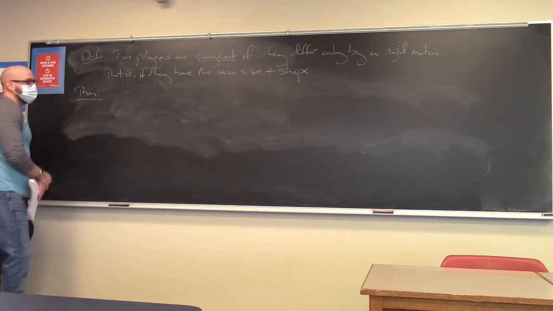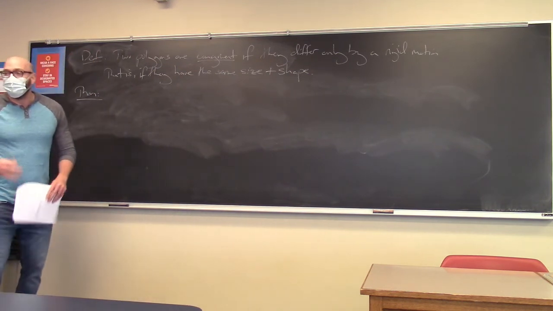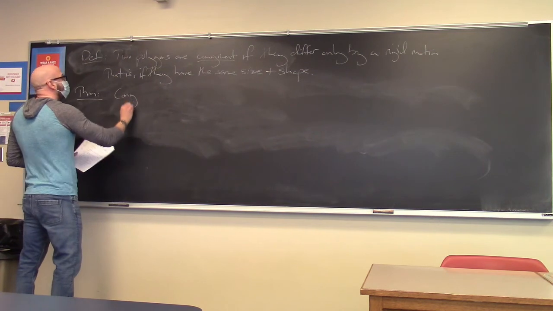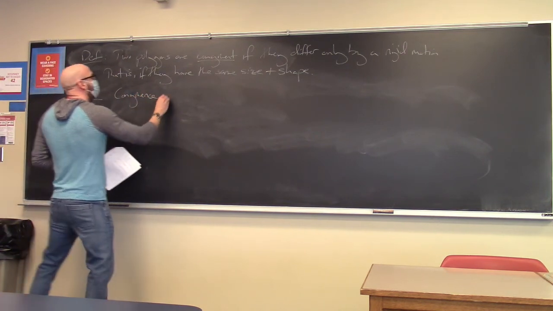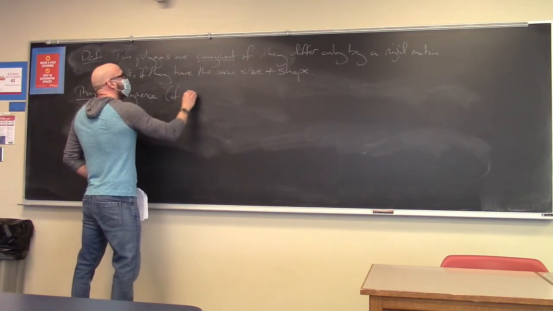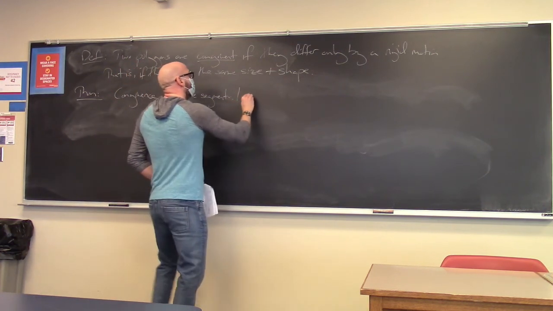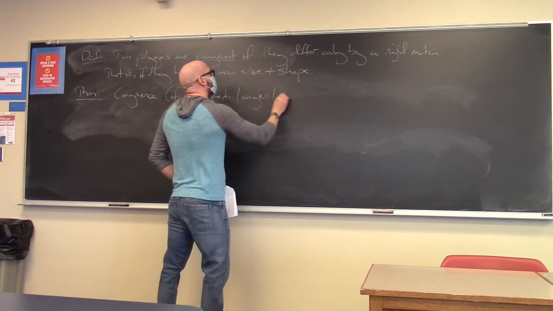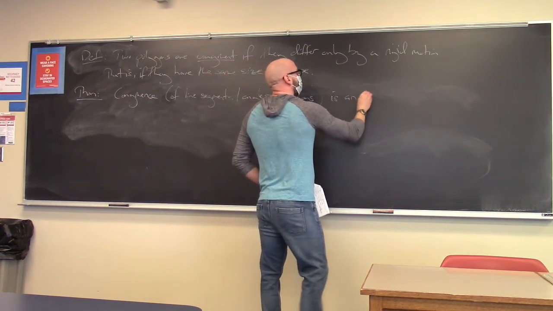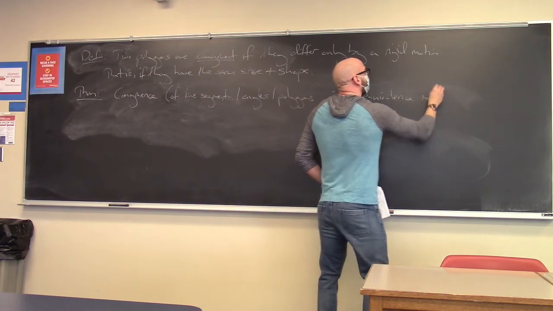And a few basic theorems that we won't prove. The first one is that congruence is always an equivalence relation. So congruence, and here I mean congruence of line segments or angles or polygons, is an equivalence relation.